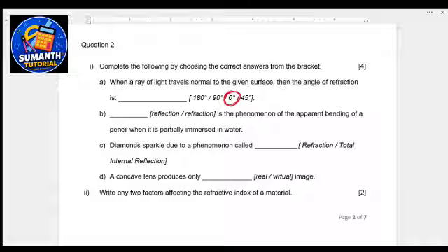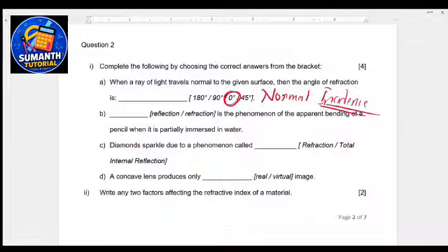We call it normal incidence. So when a ray of light travels normal to the given surface, we call it normal incidence, then i will be equal to r will be equal to 0 degree. Another name for it is normal incidence.